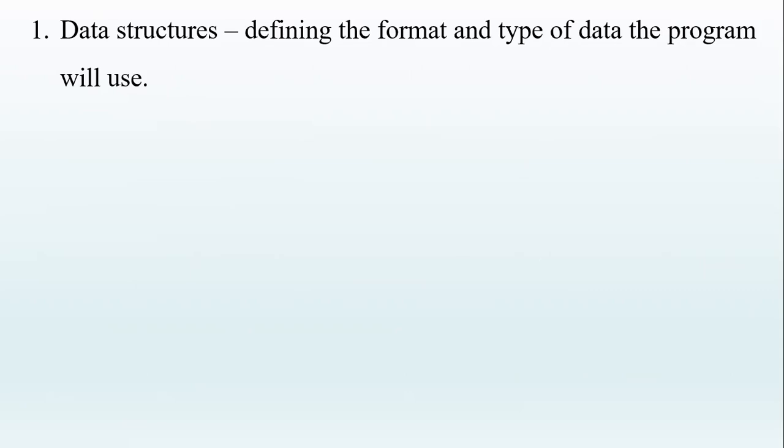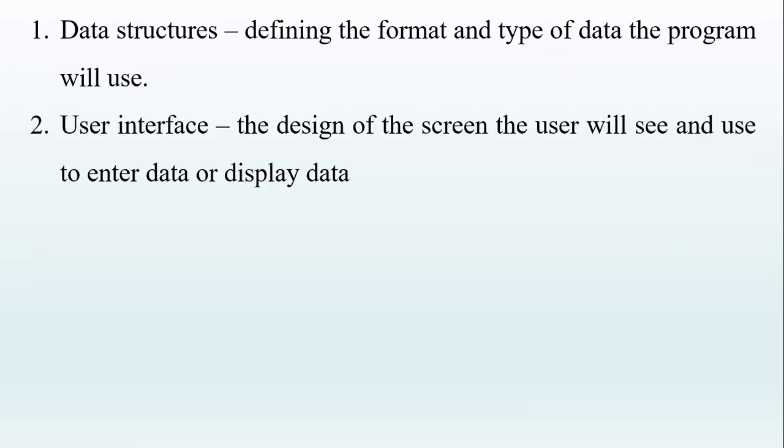We have number one, data structures. The first step is to design data structures. This is defining the format and type of data the program will use. The second step is to design the user interface, which is the design of the screen that the user is going to see and use to enter data or display data.